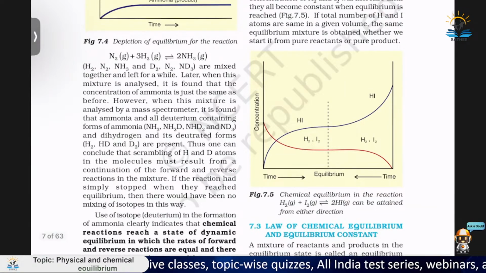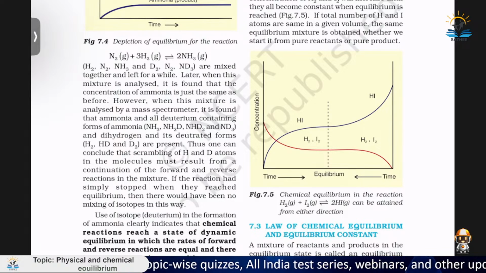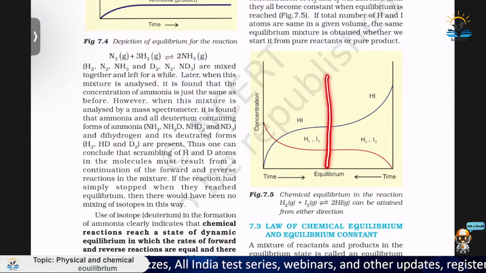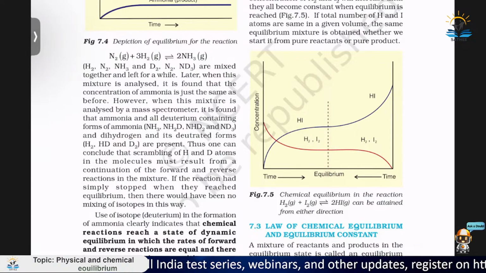What is happening here is that they have shown that equilibrium can be attained from either direction. How? This is the point when they reach equilibrium. Consider that you take HI as 0 on the left side, with hydrogen and iodine as the reactants.